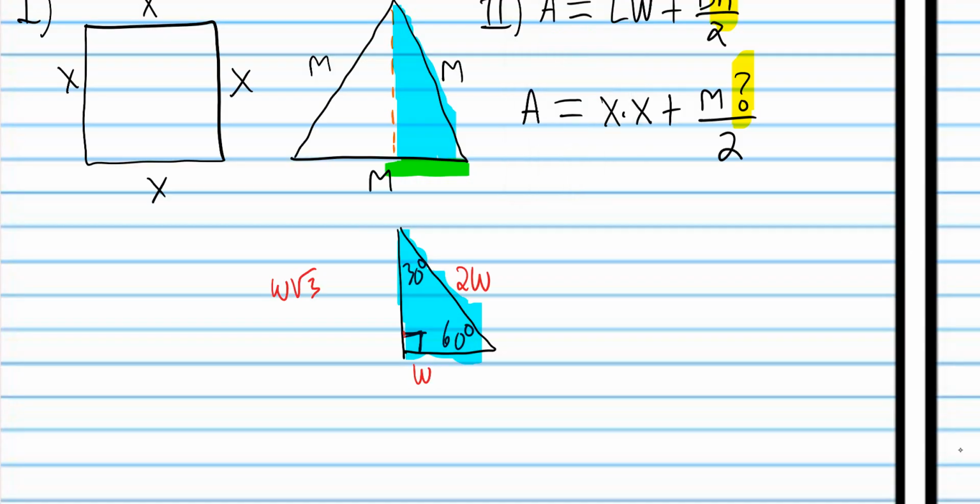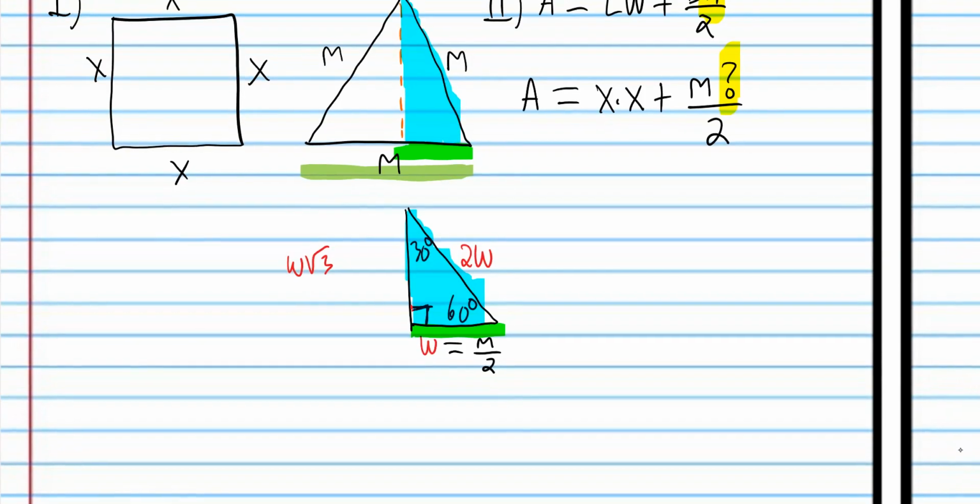M is this pale green, so the bright green is half. So this length here, this bright green length, that's going to be m over 2. So omega is m over 2, which means that this length here is omega times root 3. So this length is m over 2 times root 3.